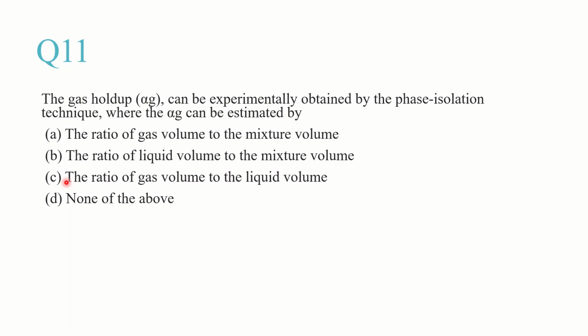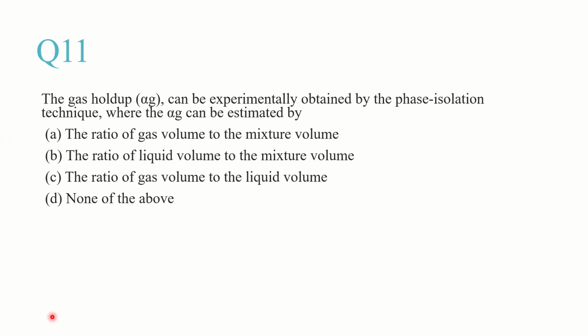Alpha G here is the gas holdup or the gas fraction in that system. So it can be experimentally determined by the phase isolation technique. The question is not about the techniques, but how to determine alpha G, that is the gas holdup.